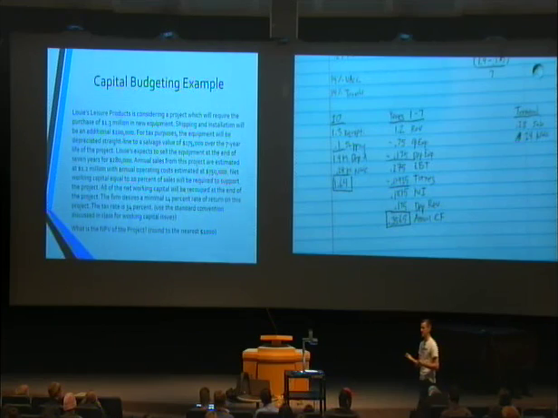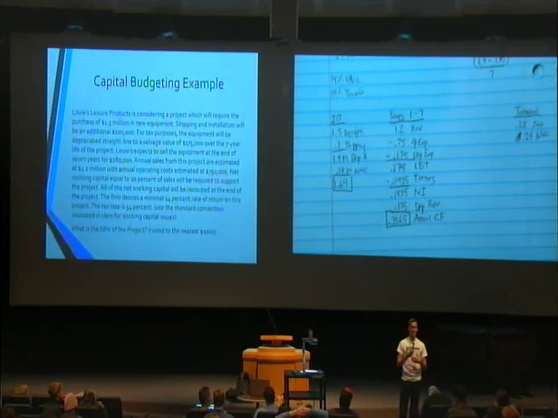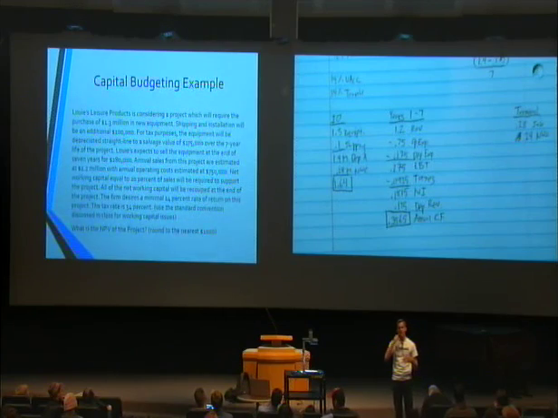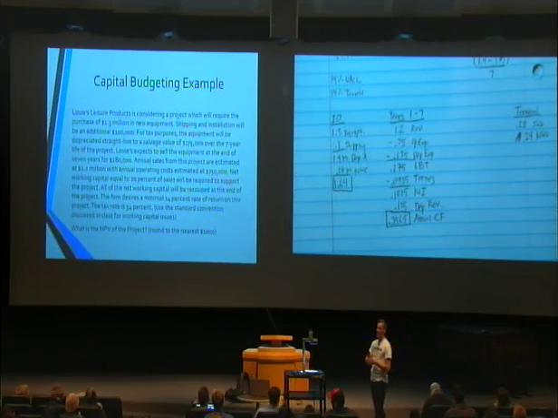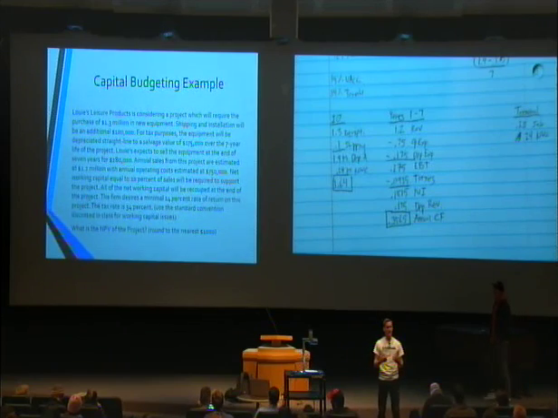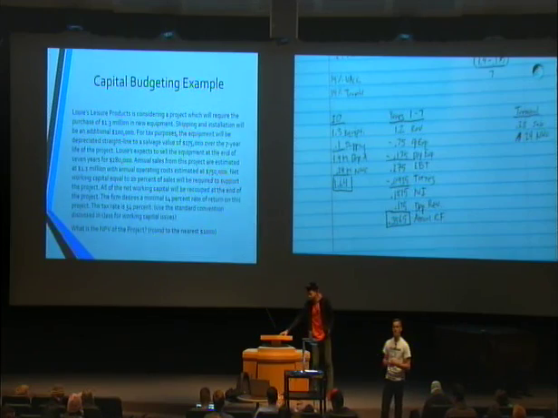We actually spent this money in our initial outlay, but we don't account for it in our income statement right away. We draw it out over the life of the project because it gives us some tax benefits. So we take out depreciation because it gives us a tax shield. And then we add it back in because it wasn't an actual cash flow, and that's still cash as a result of this project.